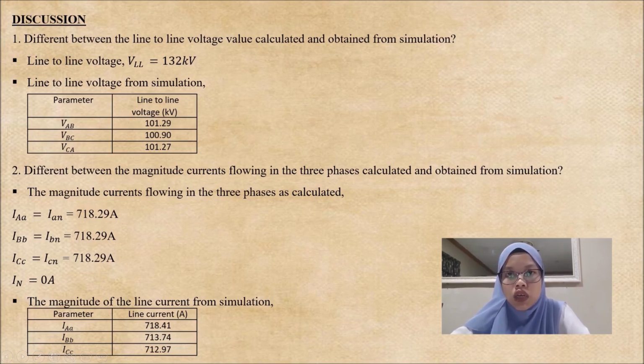The magnitude of current flowing in the three-phase circuit calculated is 718.29 ampere, which is slightly different from the value obtained from the simulation for IAA, which is 718.41 ampere. IBB is 713.74 ampere, and ICC is equal to 712.97 ampere.